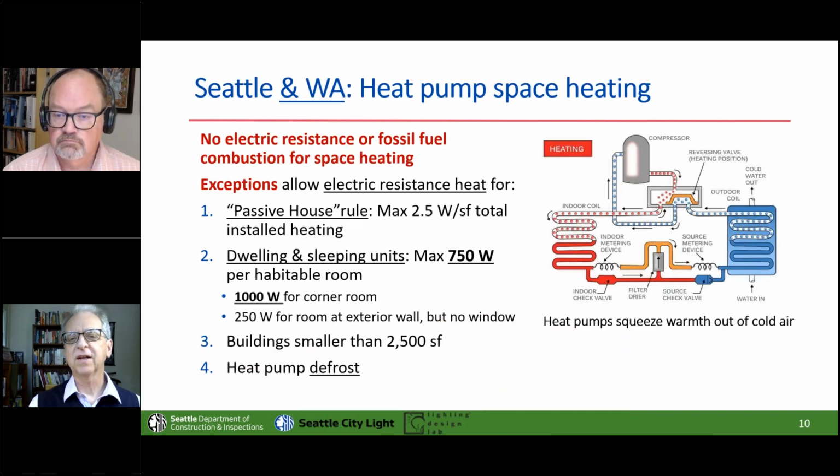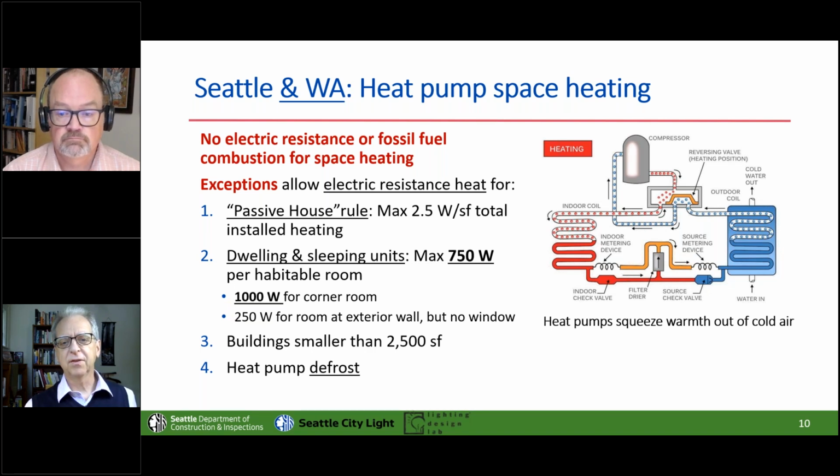This is a mechanical slide, but I just wanted to mention, since we're on the topic of electrical, that the code we're under right now and the future one say you've got to do your heating with heat pump.